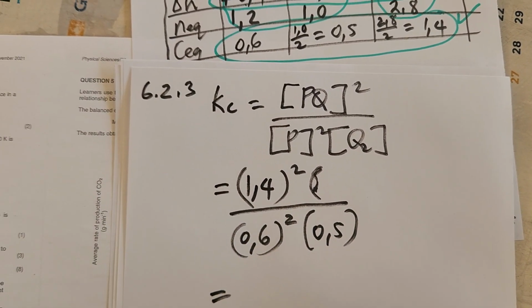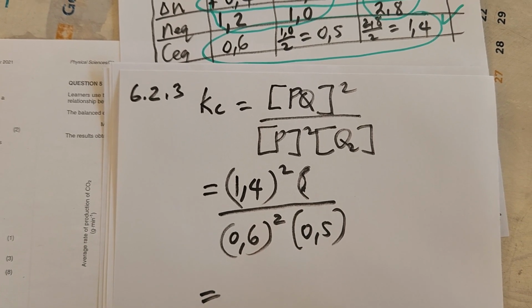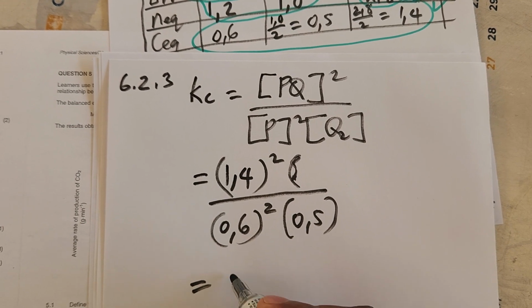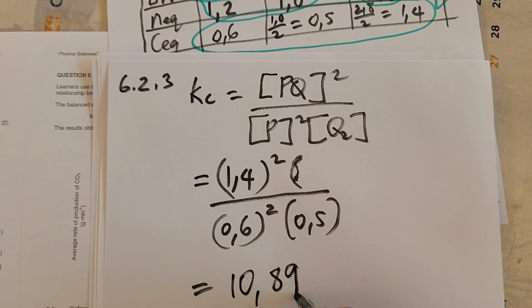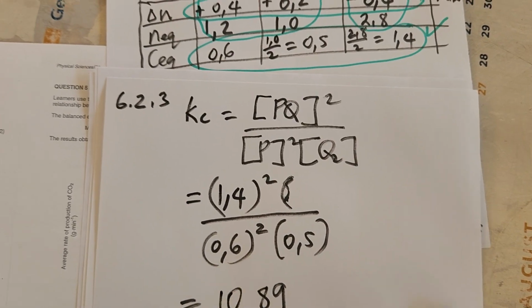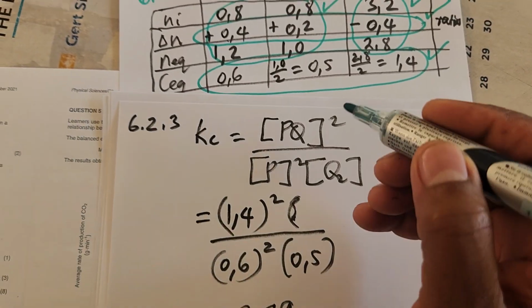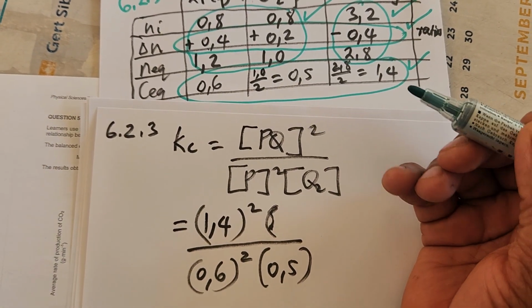If you use your calculator in this case, you will get the Kc to be 10,89, which doesn't have any unit. Then that's how the marks will be allocated, hopefully.